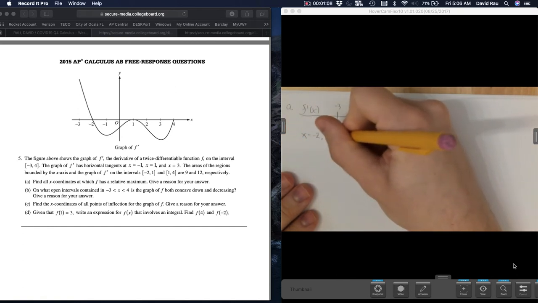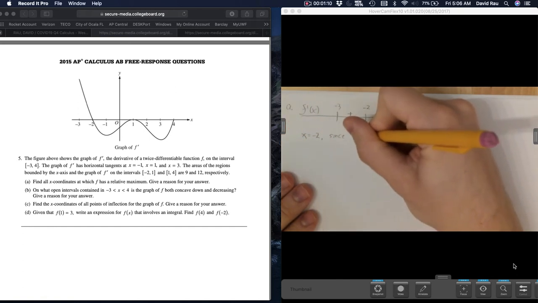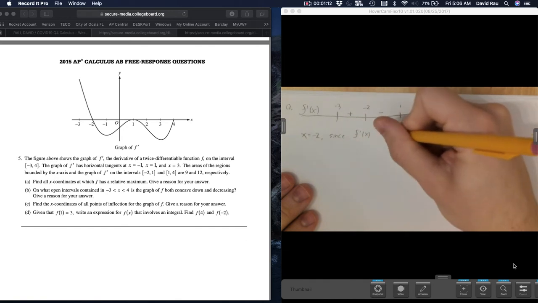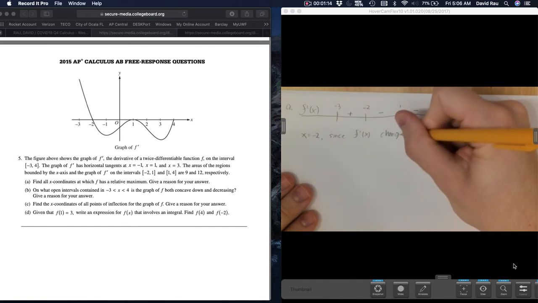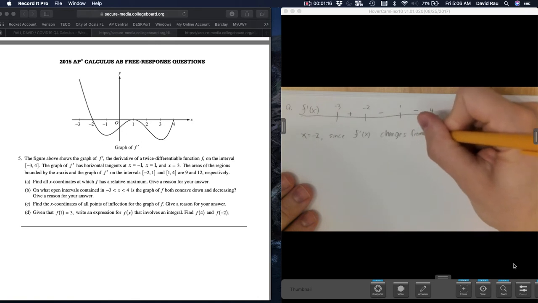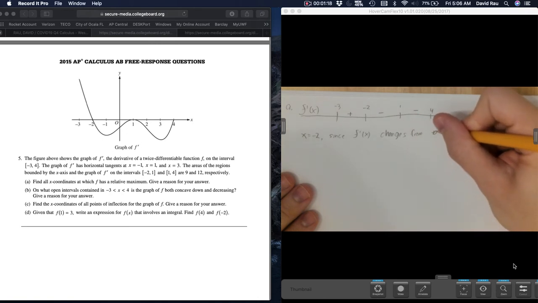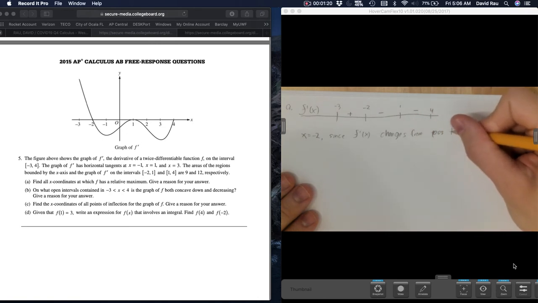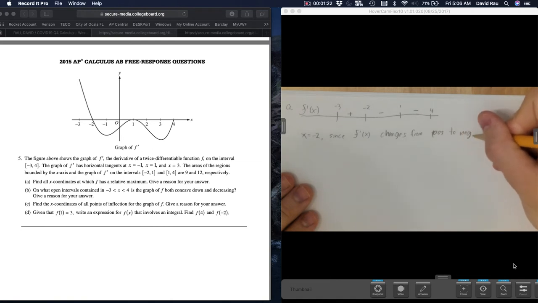So x equals -2, since f prime of x changes from positive to negative.